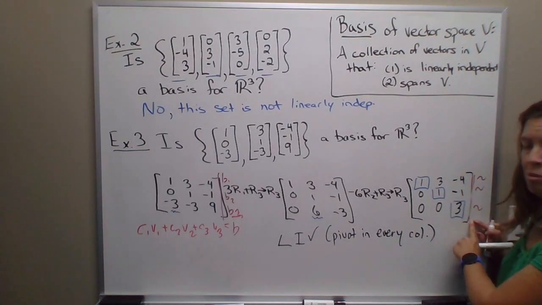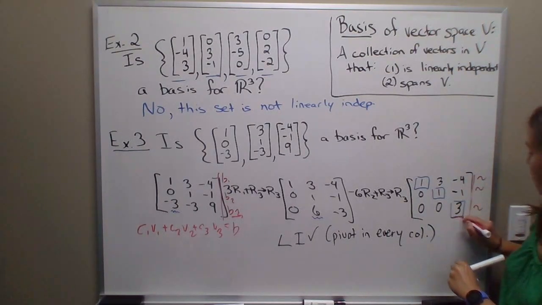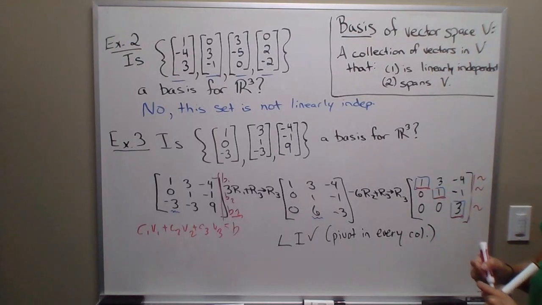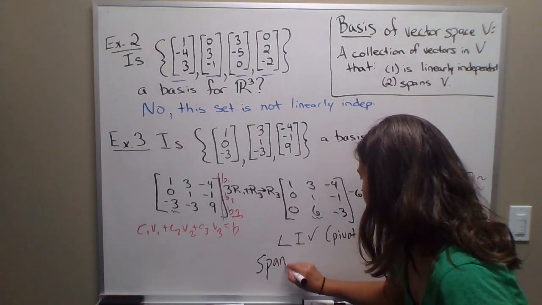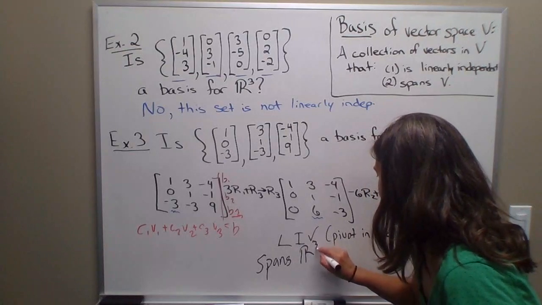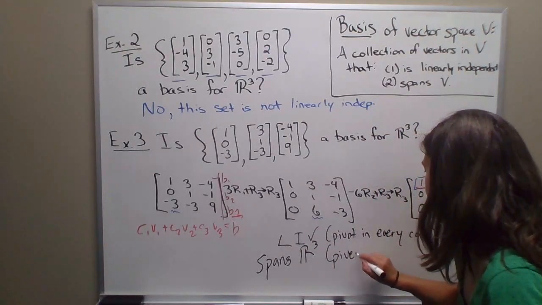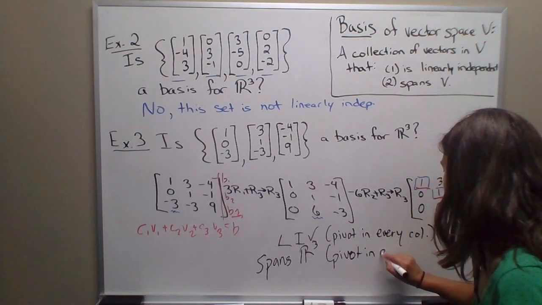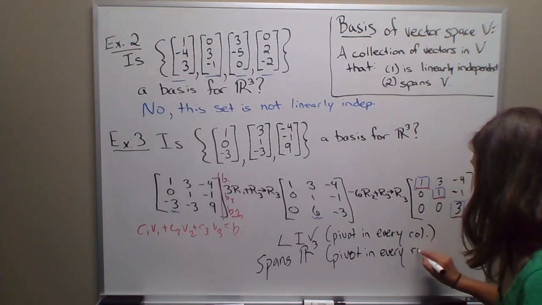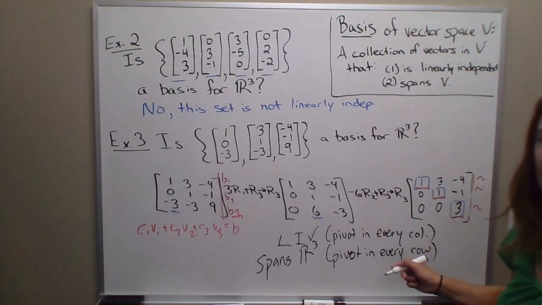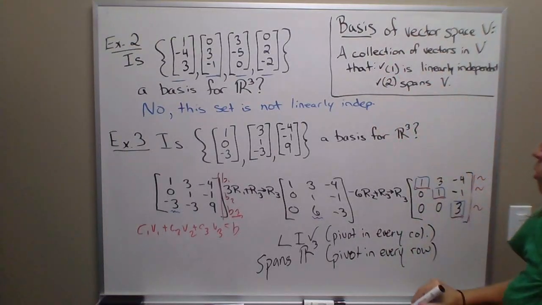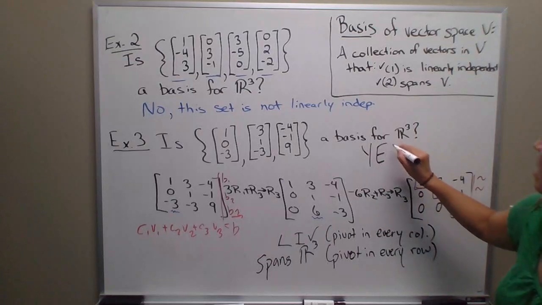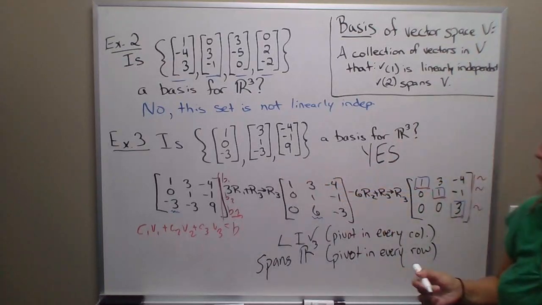There's no way you're going to end up with an inconsistent system if you have a pivot in every row. So we know that this collection of vectors spans R3 because there's a pivot in every row. Because there's a pivot in every row and a pivot in every column, we know that this collection satisfies both requirements, and so the answer here is yes, this is a basis for R3.